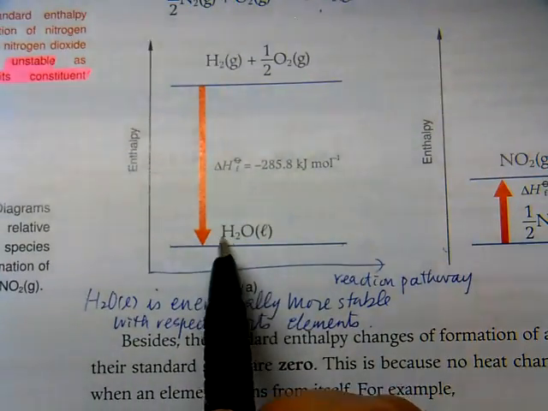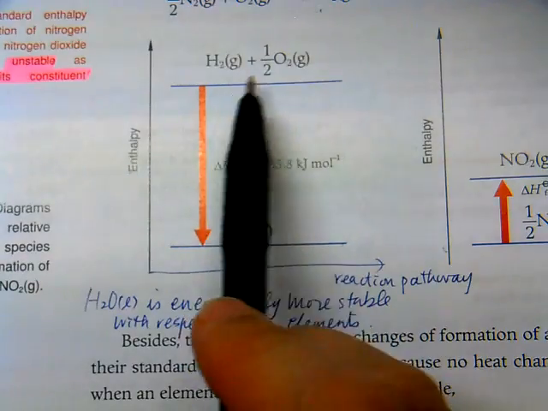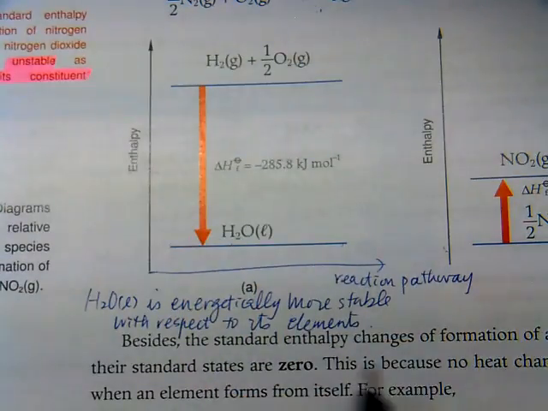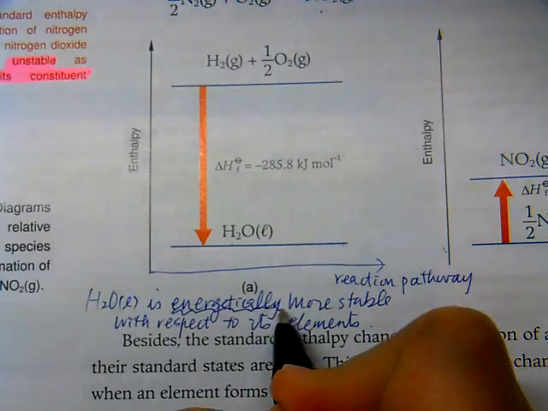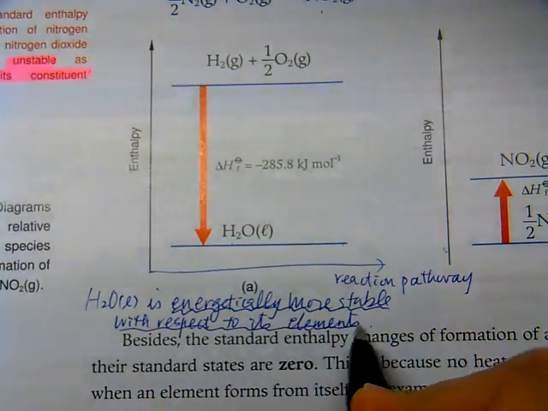Okay, because water has a lower enthalpy than its elements, it is energetically more stable with respect to its elements.